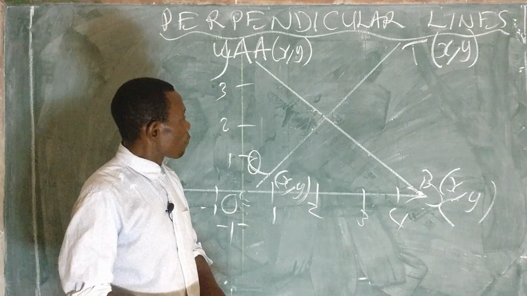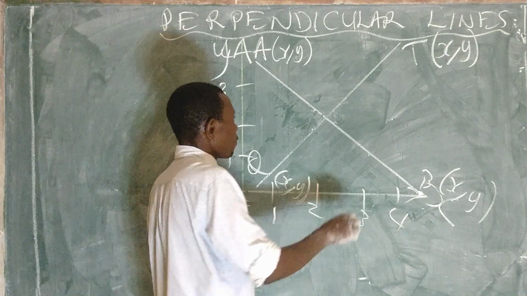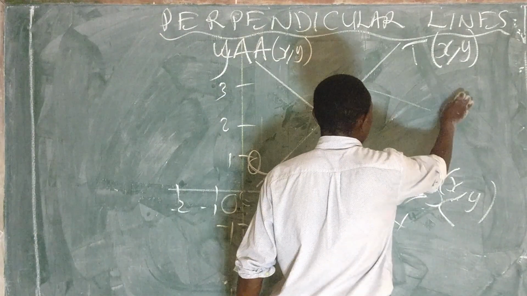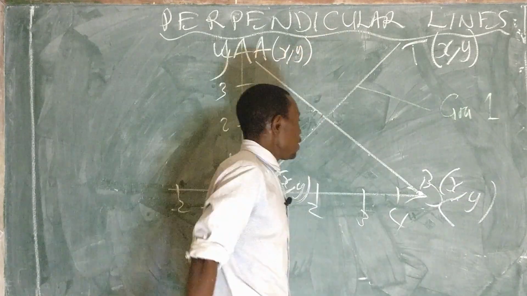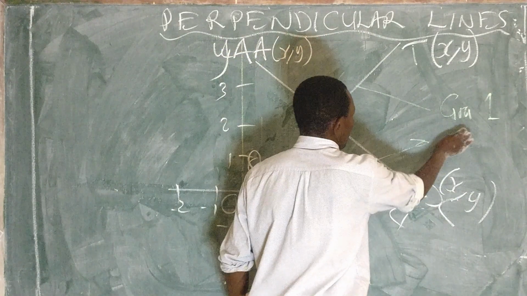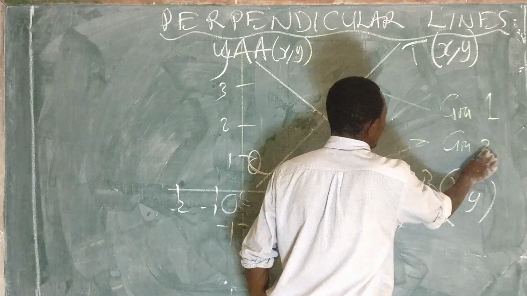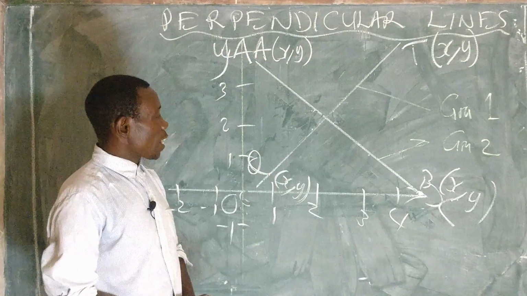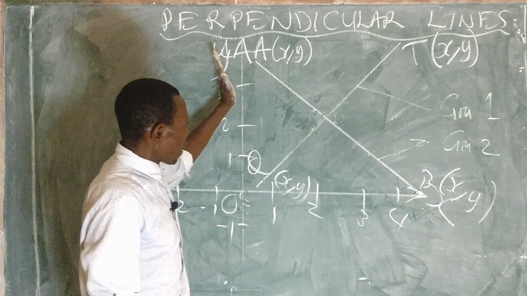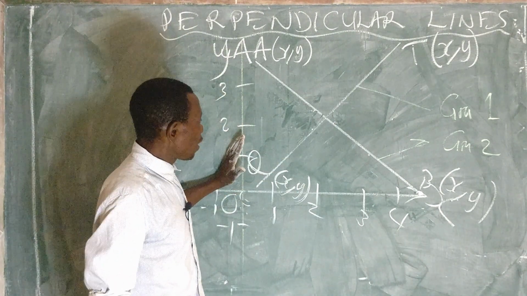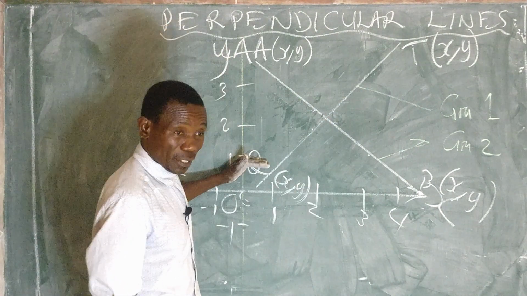Then I'll ask you to work out the gradient of one line, gradient 1, and then find the gradient of the other line, gradient 2. So try to have 2 lines which are perpendicular to each other. Let's say this line is perpendicular to that line.